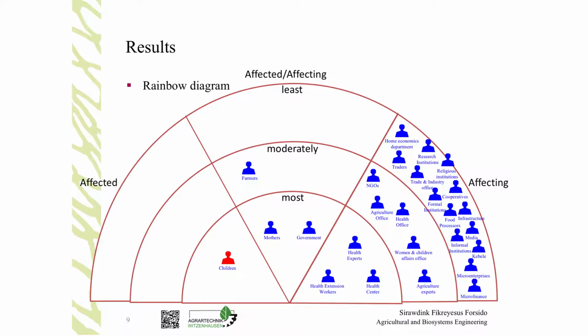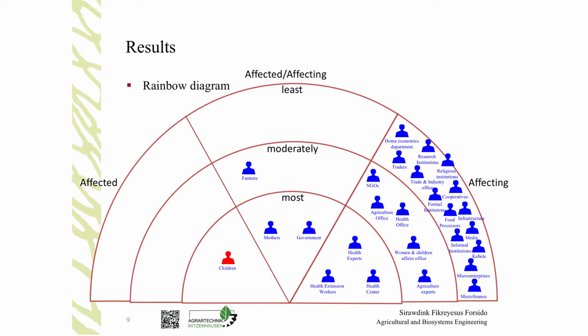The rainbow diagram helps us to see who is affected and who is affecting this kind of project. As you can see, children are the most affected. Mothers are affected as well as affecting this kind of work.